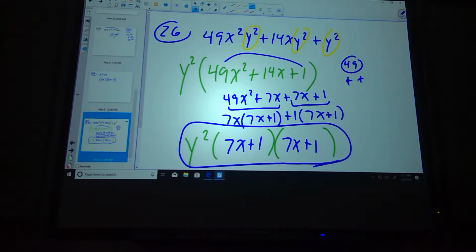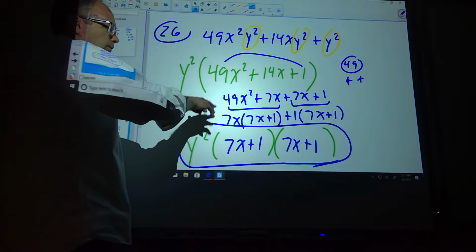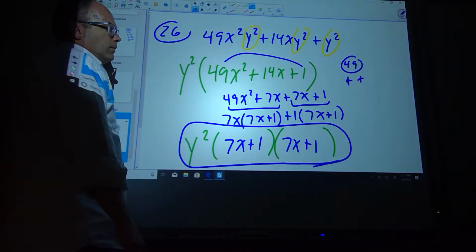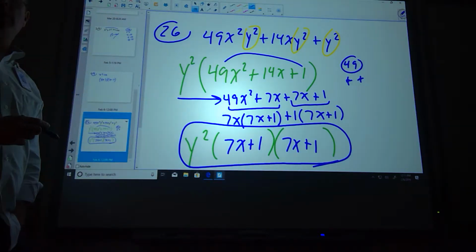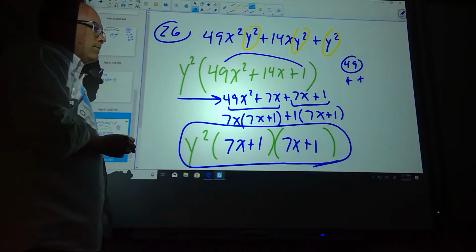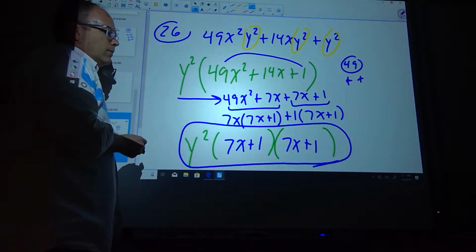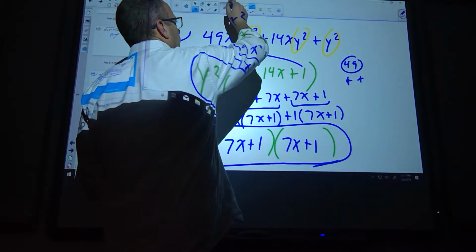Anything else from the homework you want to see? Yeah. I'm confused on that part, to get the 7x, like the middle part. Okay, so in the blue? Yeah, I know how to get 49x squared plus 7x, and everything else above that also. But the next part, I don't know how to.